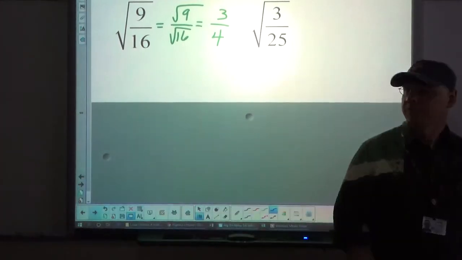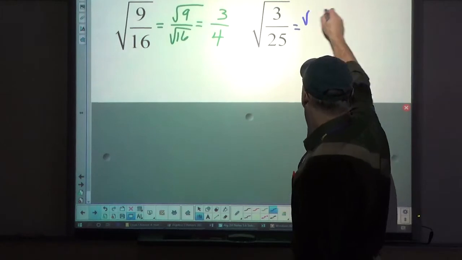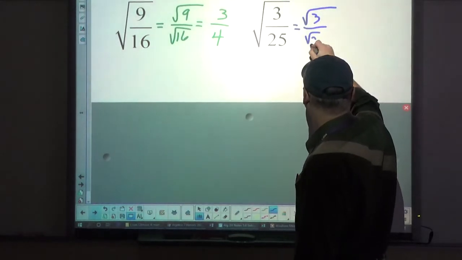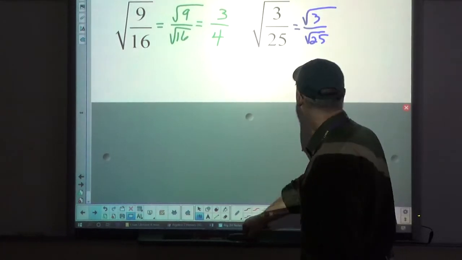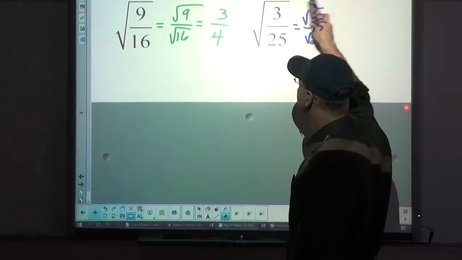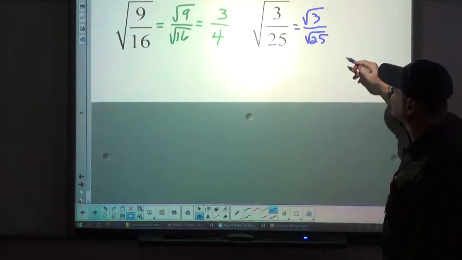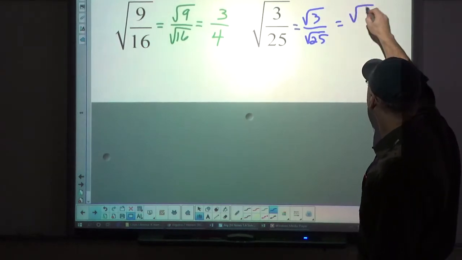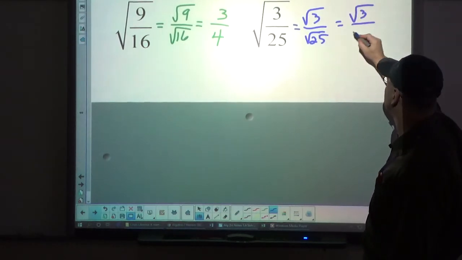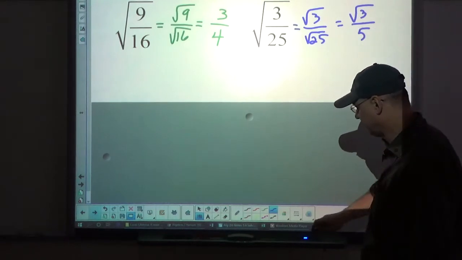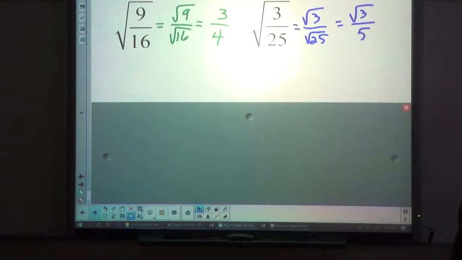Over here, I'm going to write these as separate square roots. Get carried away sometimes with my lines. Square root of 3 I can't simplify, but I can square root 25 to get the number 5. And that's where we're going to stop there.